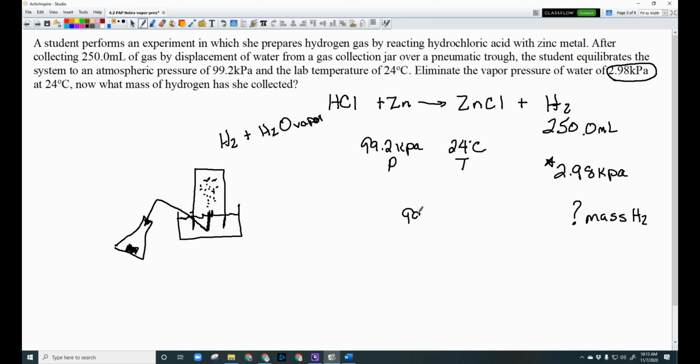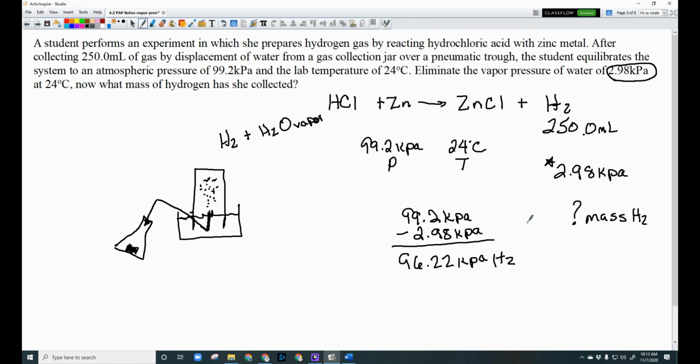So we're going to take our 99.2 kPa and subtract out that water vapor pressure of 2.98 kPa to get just the pressure of the hydrogen gas. Okay, so on the calculator, 99.2 minus 2.98 gives us 96.22. And that's just the pressure of the hydrogen gas.